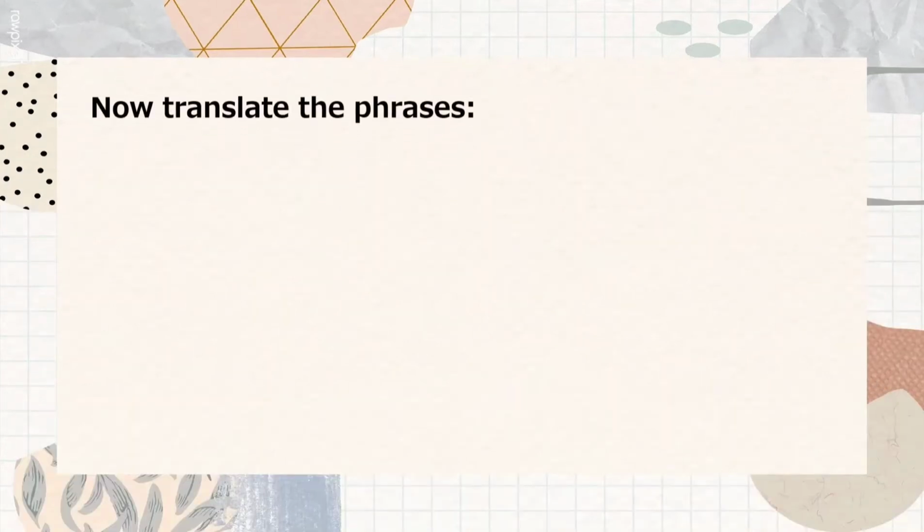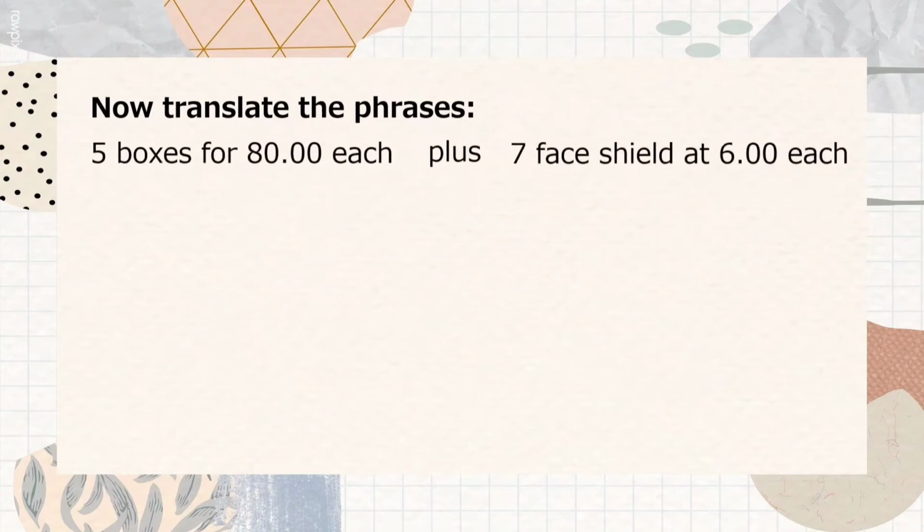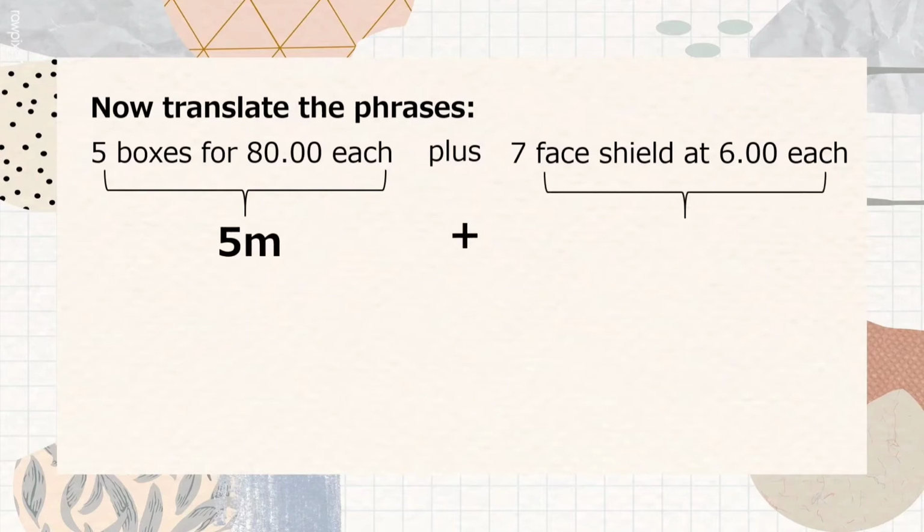So, now let us translate the phrases. From 5 boxes for 80 pesos each plus 7 face shields at 6 pesos each. This 5 boxes represents M, so therefore our translation for this is 5M and then the plus sign, and for the 7 face shields at 6 pesos each, the variable we're going to use here is N, so therefore we have 7N.